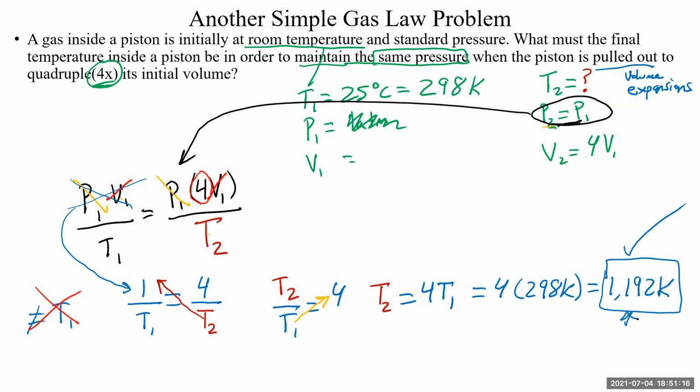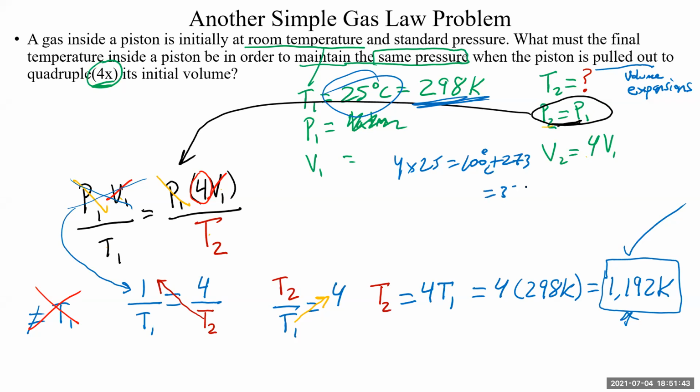In fact, you could have read through this problem and forgotten about all this math and just said, oh, 4 times the volume, pressure's not changing. That's Charles's law, 4 times the temperature. And you would have been absolutely right. Just multiply the absolute temperature by 4. Don't multiply 25 times 4. You might think you can say, okay, well, 4 times 25 equals 100, and then I'll just fix that by adding 273.